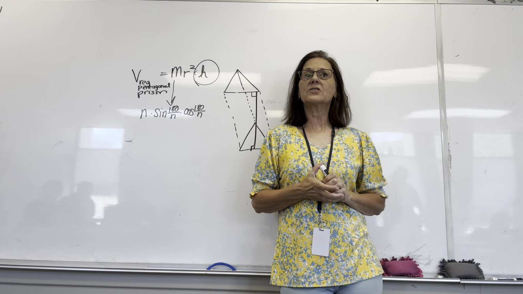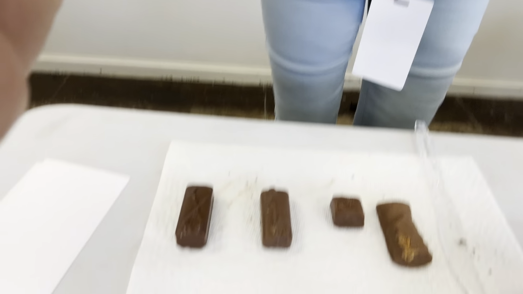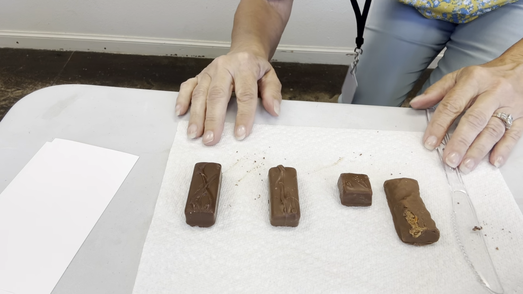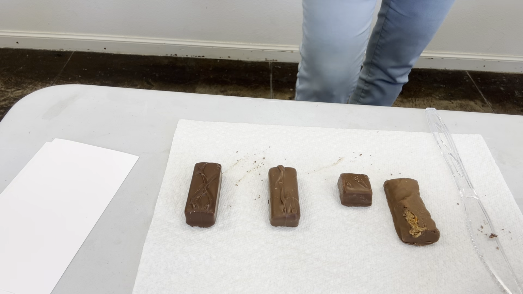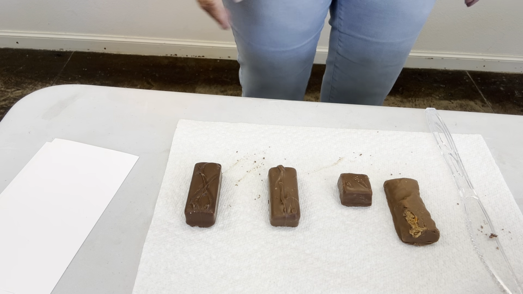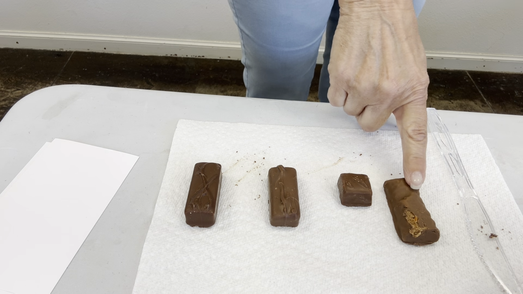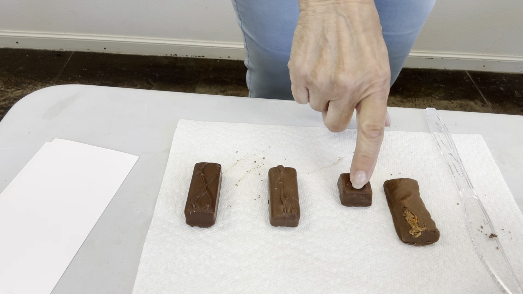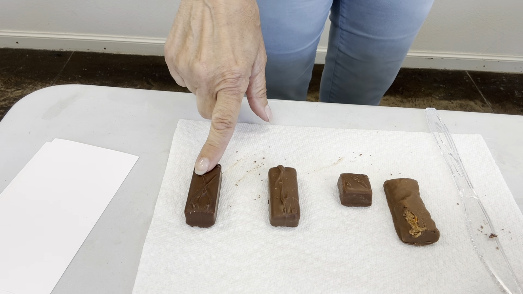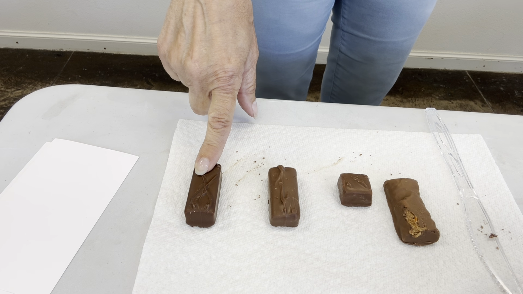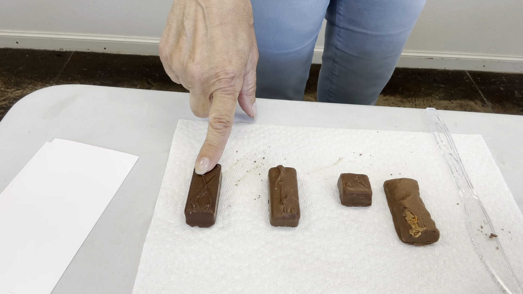What does the word cross section mean? Cross section simply means, if I have these four bars of candy, can y'all see them? This is the Butterfinger, this is the Snickers, this is the Milky Way, this is the Three Musketeers.